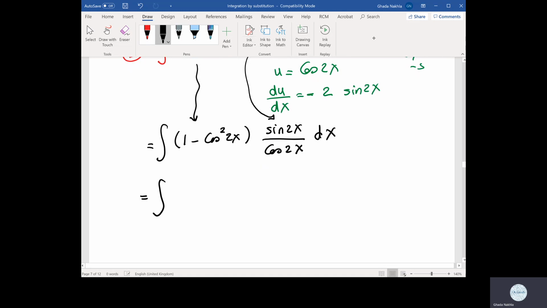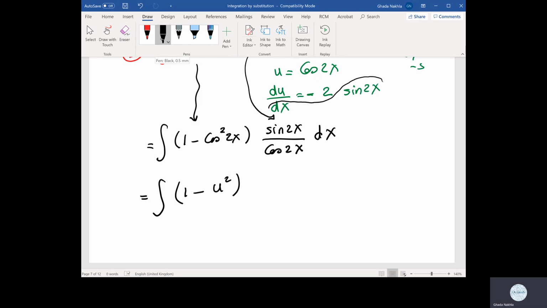Equals integration. 1 minus cos squared, this is very straightforward, it will be 1 minus u squared, easy peasy. cos 2x is u, and therefore cos squared 2x is u squared. Straightforward. Now, sine 2x. Let's take a look at this one. What is sine 2x dx?